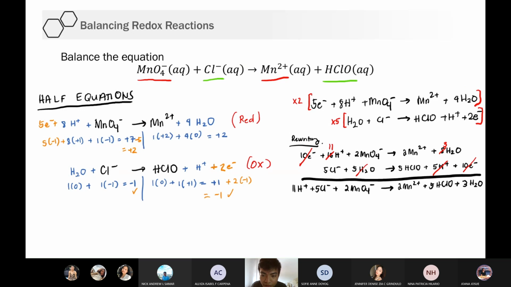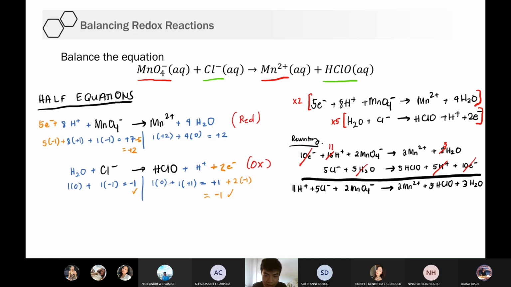Sir, wala naman specific order. Wala naman. Pwede pabali-balik mo yan. Okay lang. Pwede unahin mo yung MnO4, pwede unahin mo yung H+. Basta yung coefficients nila ay the same. Tsaka kung sino yung nasa left, sila yung nasa left. Yung nasa right, yun lang yung nasa right. Walang order. Kahit jumbled yan.